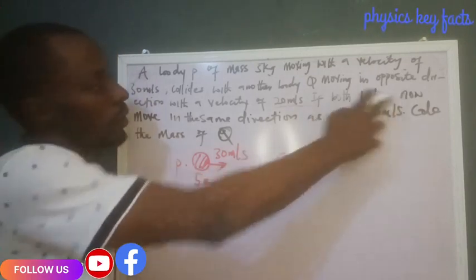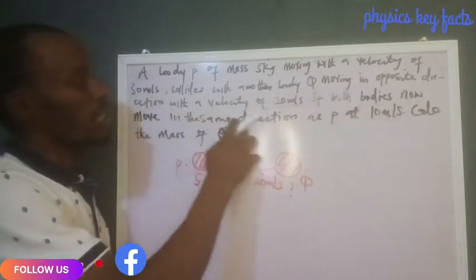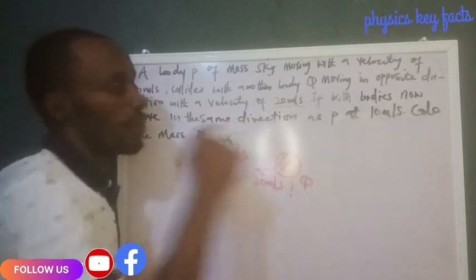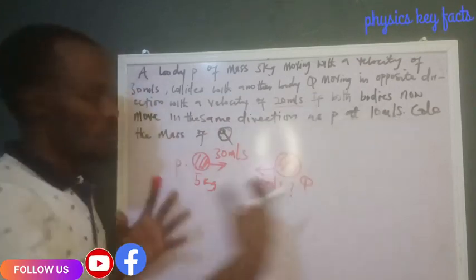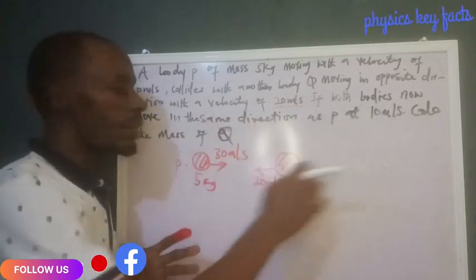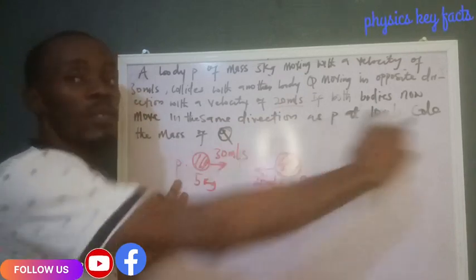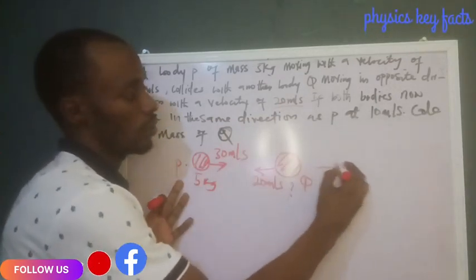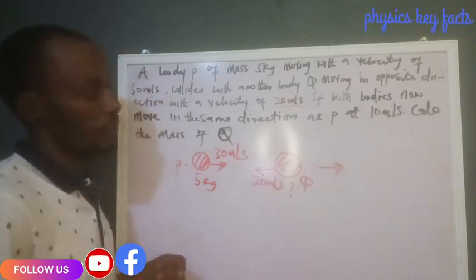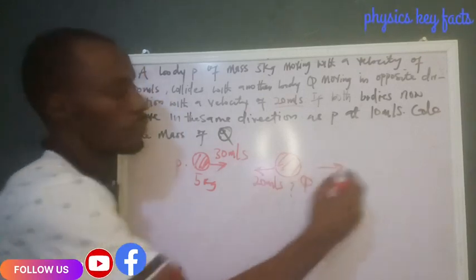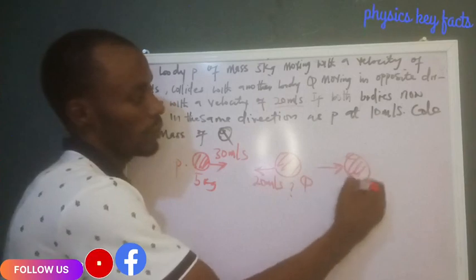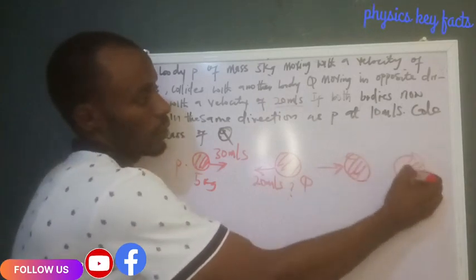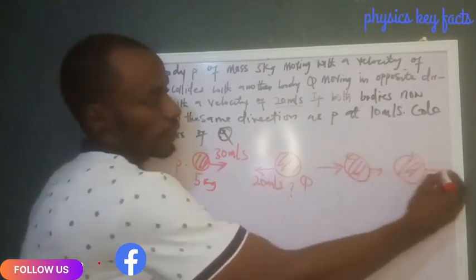So if both bodies now move in the same direction as P at 10 meters per second, this is after collision. So once they collide, they move in the same direction as P, and meanwhile P is moving in this direction. So these bodies will be moving in this direction. So we have P and we have Q. P is moving like this.